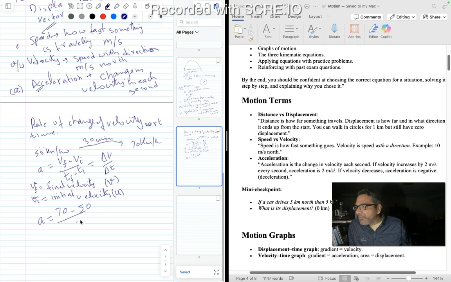Initially, the time t initial we always take as 0 because we haven't started calculating, right? And then it will be 30 minutes, so 30 minutes will be half an hour, right? So now the acceleration equals 70 minus 50, 20, and then we have half.